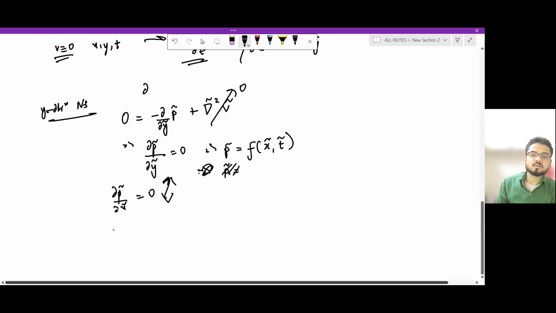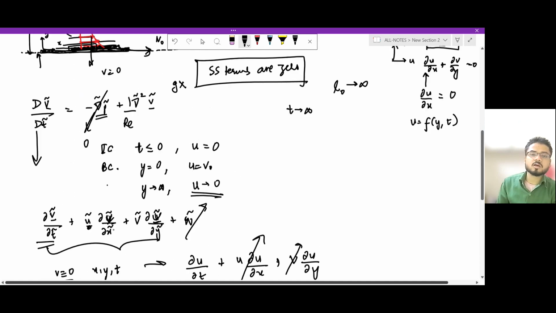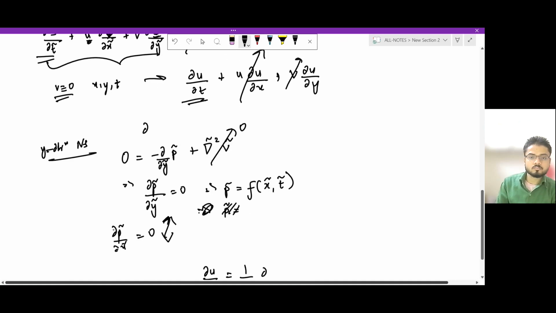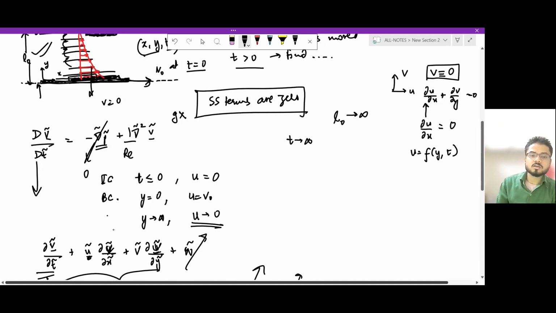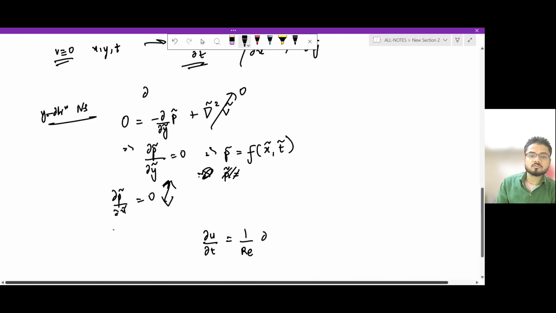So this entire thing reduces to del u over del t being equal to, if you expand the Laplacian del squared, something like 1 over Re. The Laplacian can be written like this.